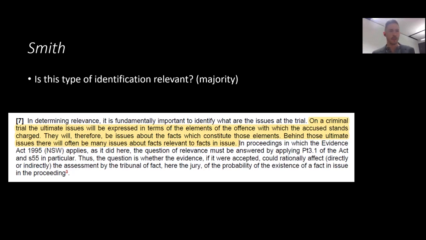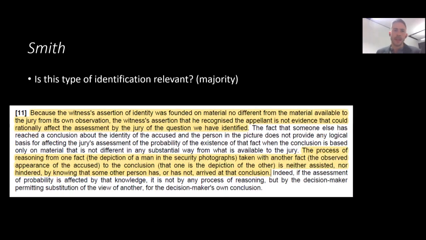As we'll see, the court here, as you can read, says the issue here is identity. We've got to figure out how this is relevant to identity. And the majority says this type of identification is not relevant.